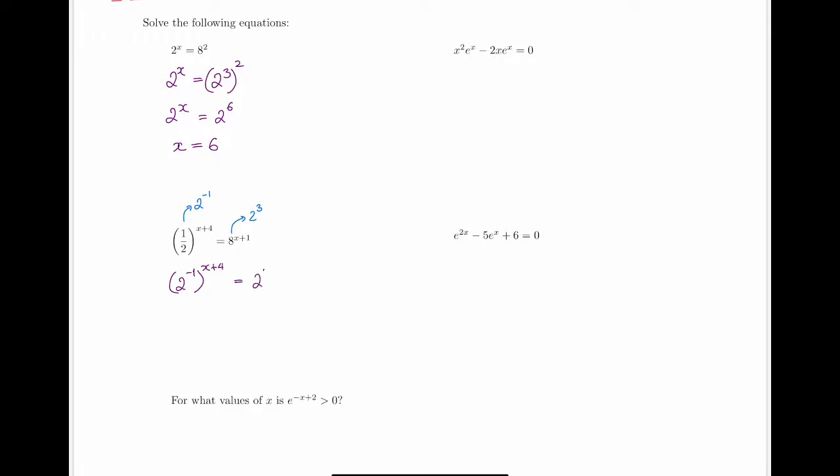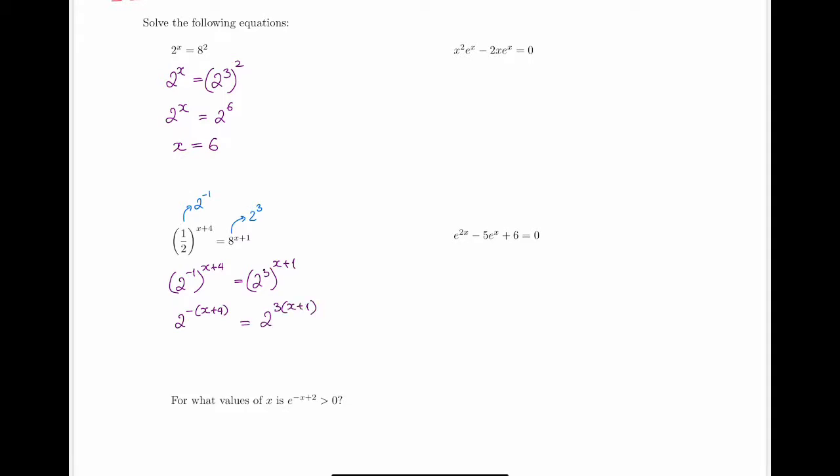So 2 cubed, all raised to the power of x plus 1. And now I have 2 raised to a power to a power. So again, using exponential laws like we did here, the powers get multiplied in. So I'm going to get 2 to the power minus x plus 4 equals 2 to the power 3x plus 1.